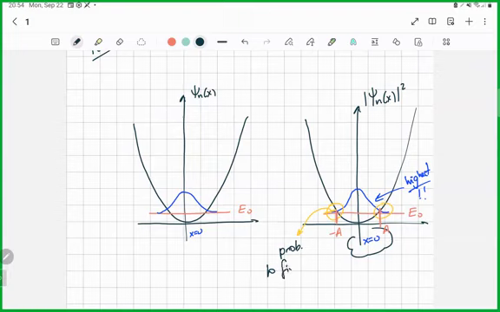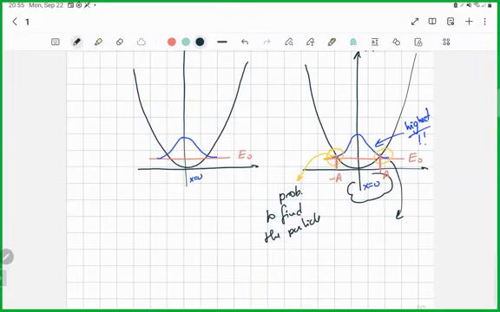So there is a probability to find the particle beyond these extremes, this amplitude for the classical harmonic oscillator. So there is a probability to find the particle in the classically forbidden region. And we'll never find this particle there classically. But in quantum mechanics, we can find it.